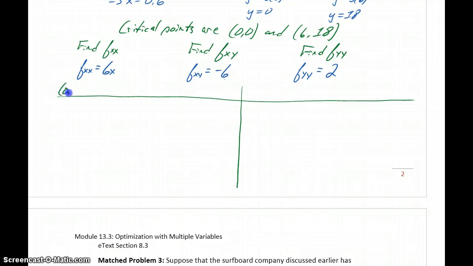And we'll first look at the point 0, 0. So here, our value for capital A will be equal to the second derivative with respect to x, evaluated at the point 0, 0. So we look at our second derivative with respect to x, evaluated at x equals 0. That's going to give us 6 times 0, or 6.